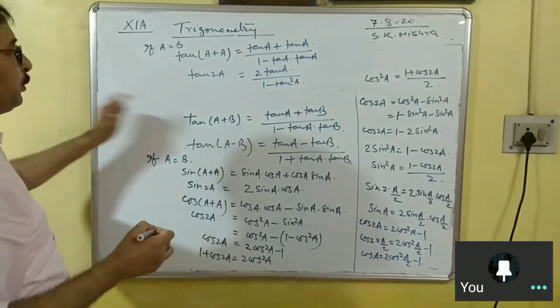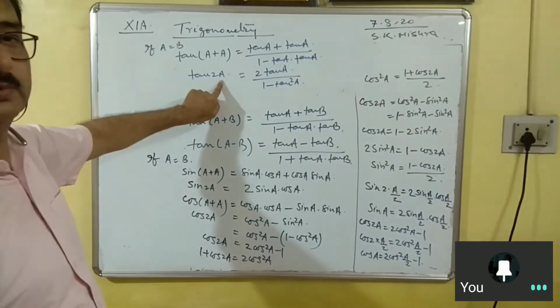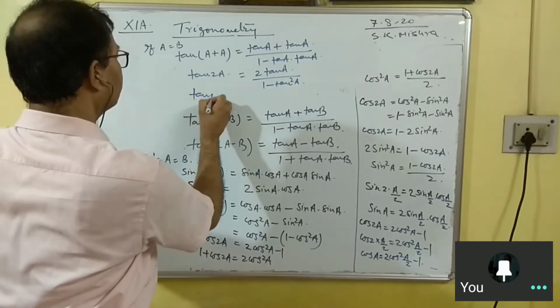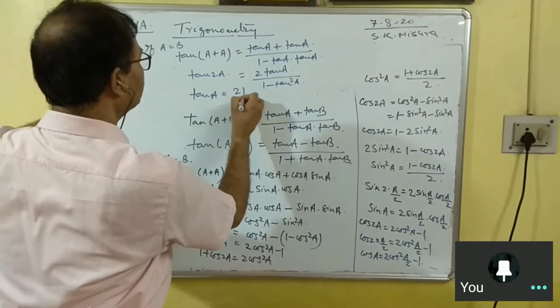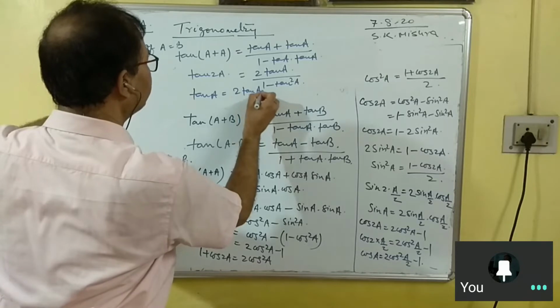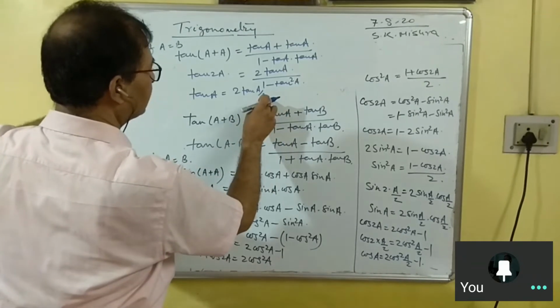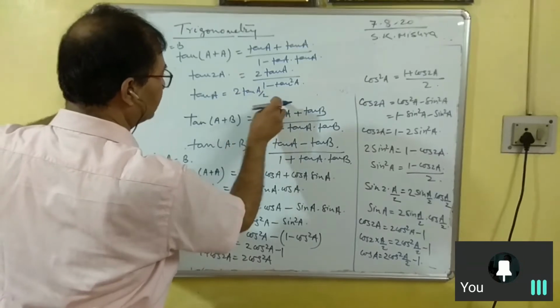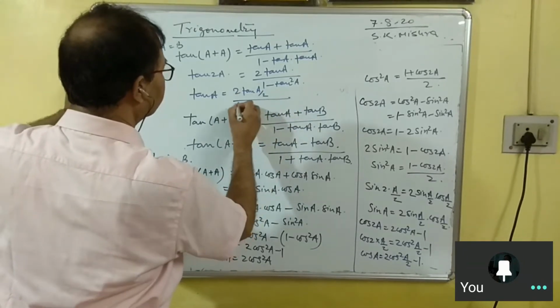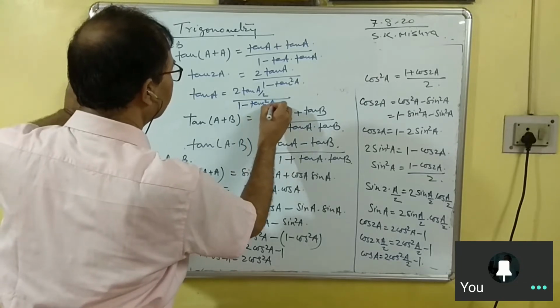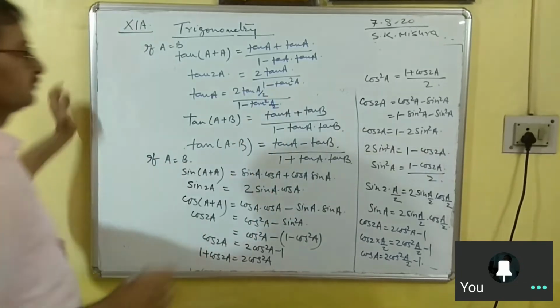And if you put A equal to A by 2, then tan A is simply 2 tan A by 2 divided by 1 minus tan square A by 2.